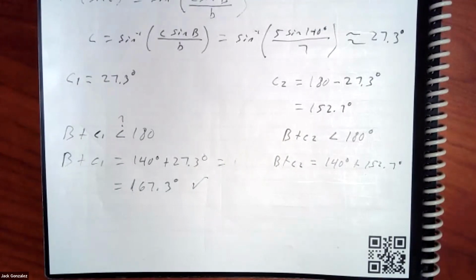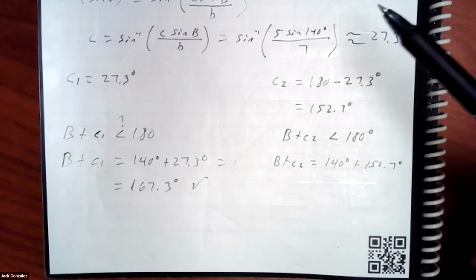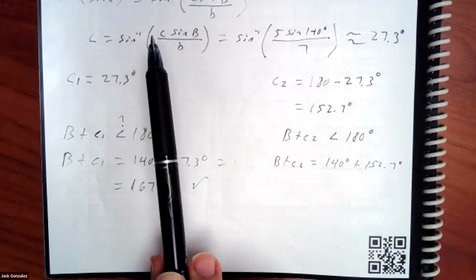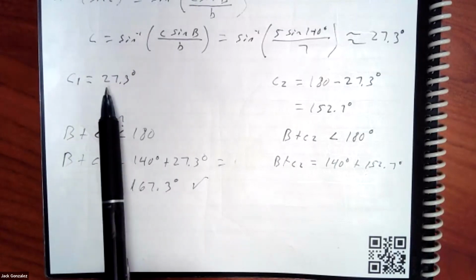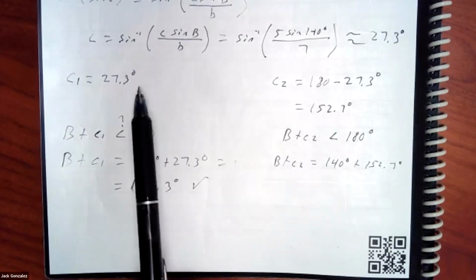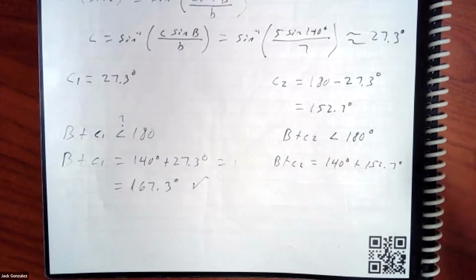That's bigger than the angles of a triangle. So I can't use C2. Even though whenever you do an inverse sine you get two answers, one from the calculator and one by subtracting from 180, even though they are technically solutions, they do not form a second triangle.